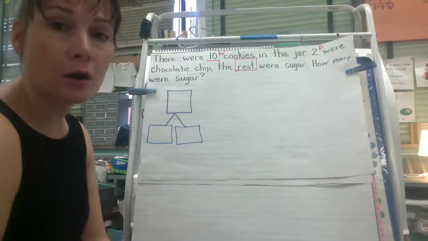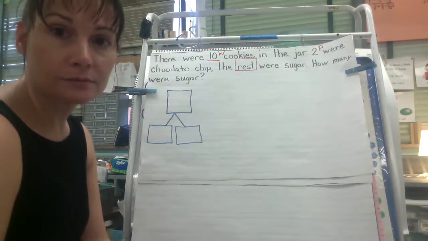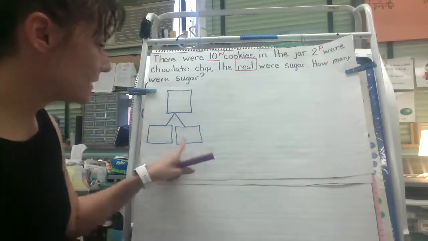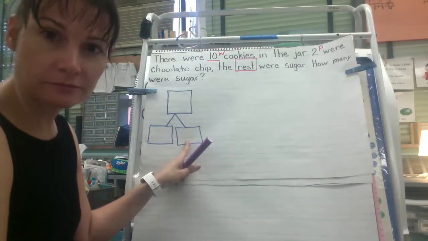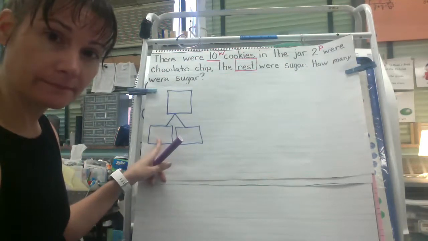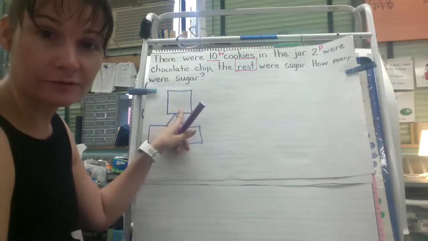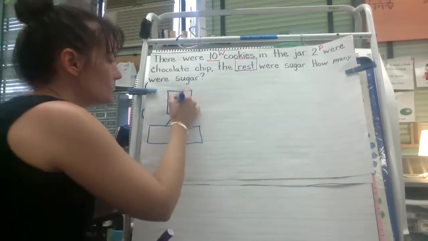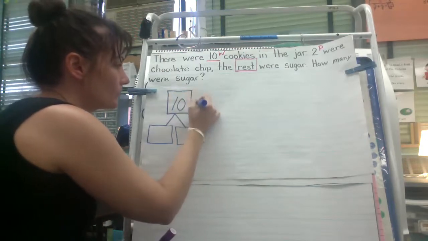What is our whole? You're right, it's 10. So would I put my 10 here, here, or here? That's right, we would put it here. So 10 is my whole.